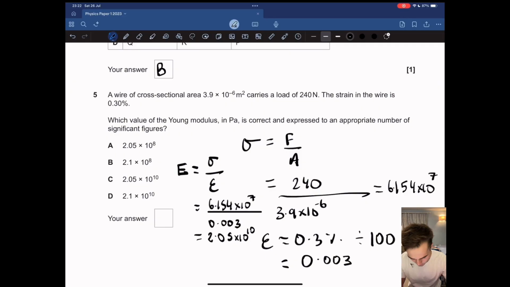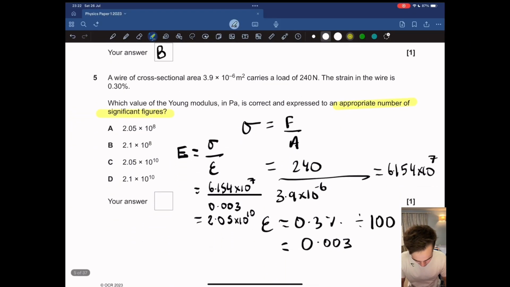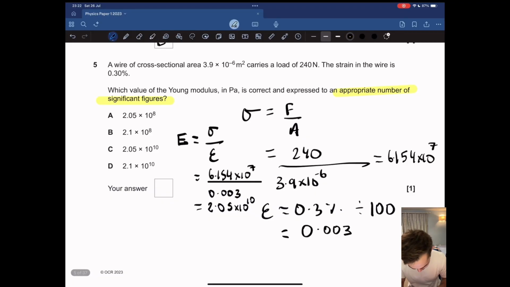So C or D. How do we know which one it is? Well, it says to an appropriate number of significant figures. This typically means the minimum number of significant figures shown in the question, which is 2. So it's 2 sig figs, so it is going to be approximately 2.1 times 10 to the 10 newtons per meter squared, which is D.